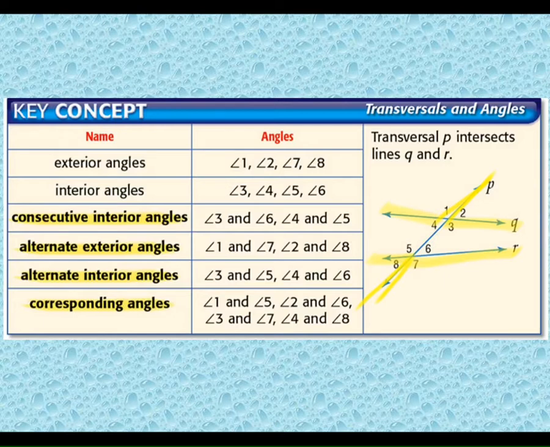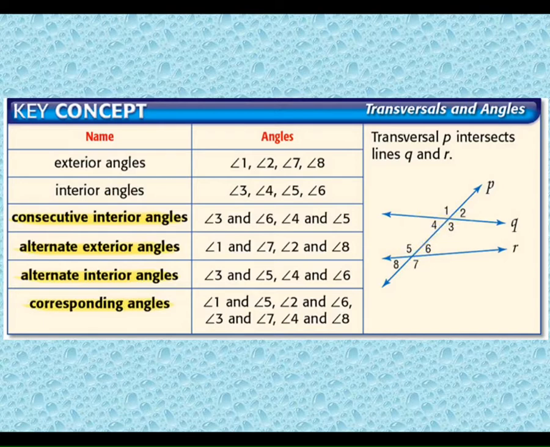Okay, that's the first type. Then we have interior angles. Those would be all the angles that are on the inside, 4, 3, 5, and 6. See how those are on the inside of this transversal and these lines? Those we call interior angles. So first we have exterior and interior.